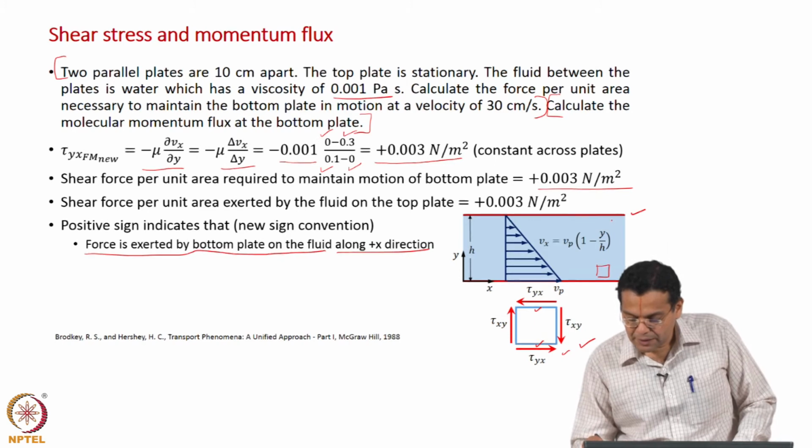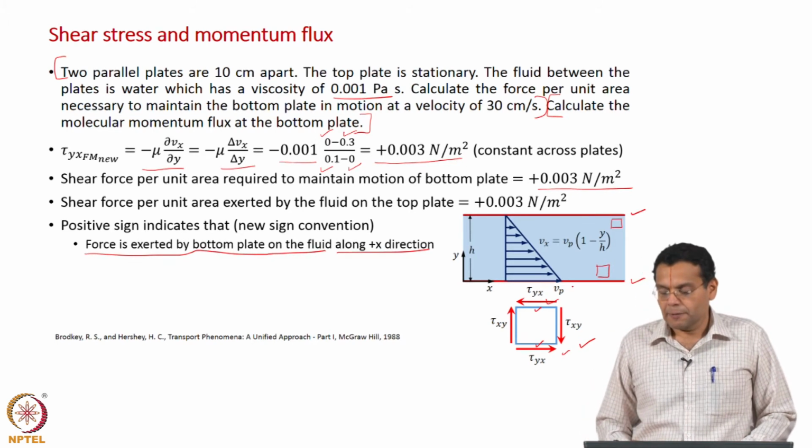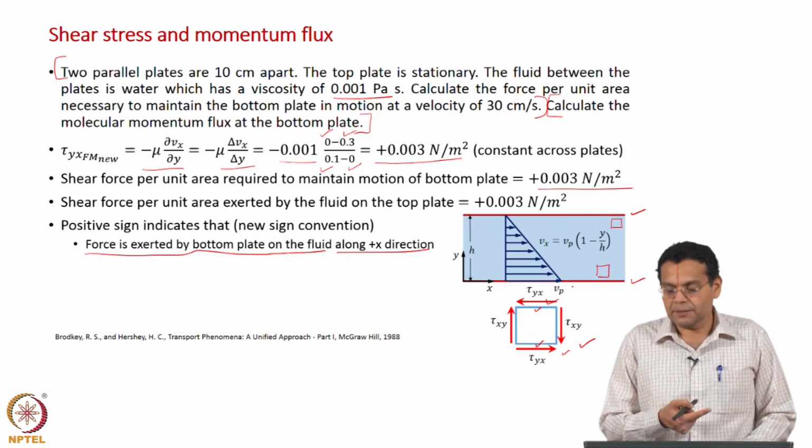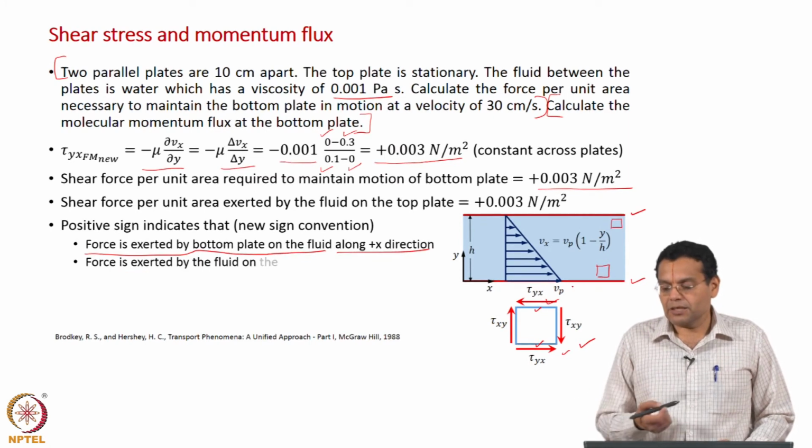Now, just imagine the stress element here, look at this force, how do you interpret that? Force exerted by the plate on the fluid is towards the negative x axis. So, force exerted by the fluid on the plate is towards the positive x axis.